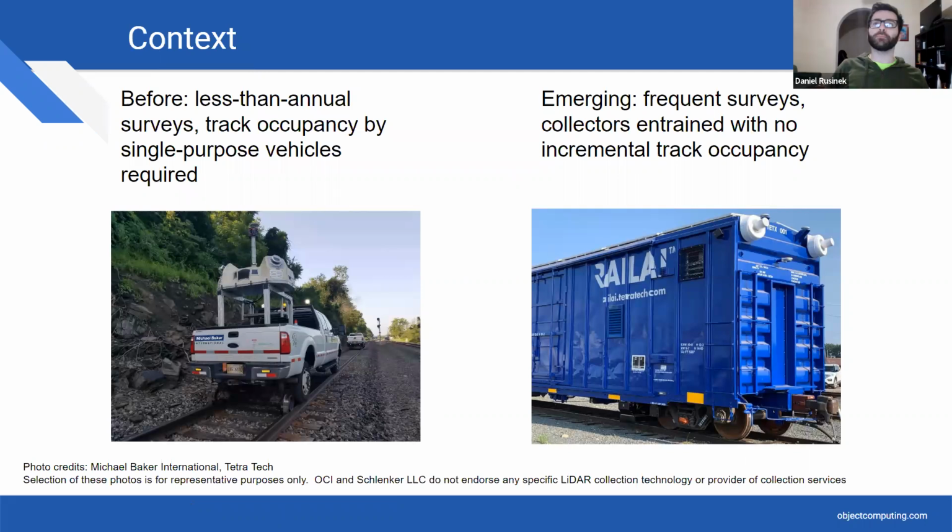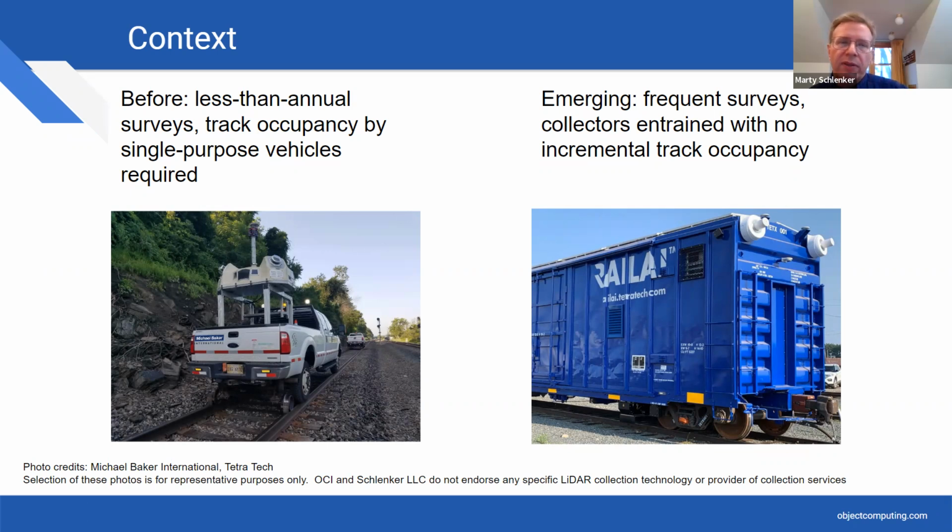Okay. So the broad context for why this has come to be a time to realize value in railroads is that the availability of LIDAR has really improved over the past decade or so. We have had uses of LIDAR and collection methods for LIDAR in railroads for some time.